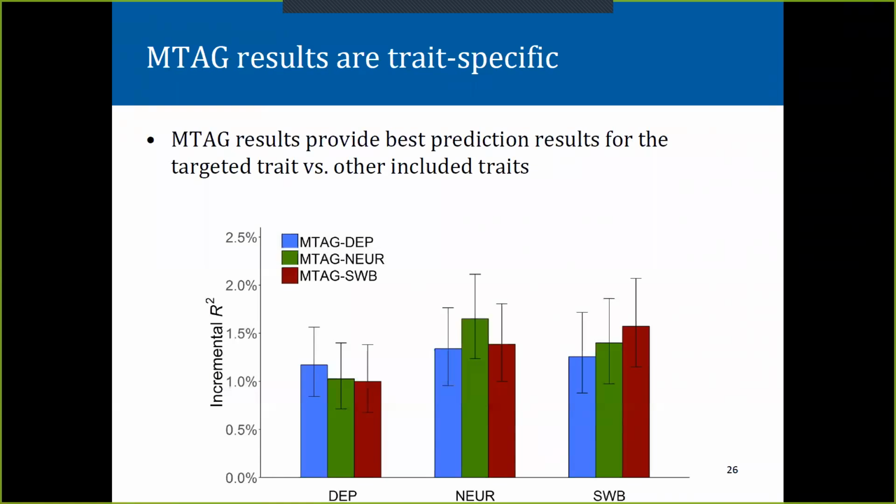And we can see that the depression score predicts depression better than the score constructed for neuroticism and subjective well-being. We see the same pattern for neuroticism. The neuroticism score predicts neuroticism better than the scores for depression and subjective well-being. And the subjective well-being score predicts subjective well-being better than the scores for depression and neuroticism. So this is also evidence for the claim we made that the betas we're producing have this trait-specific interpretation.